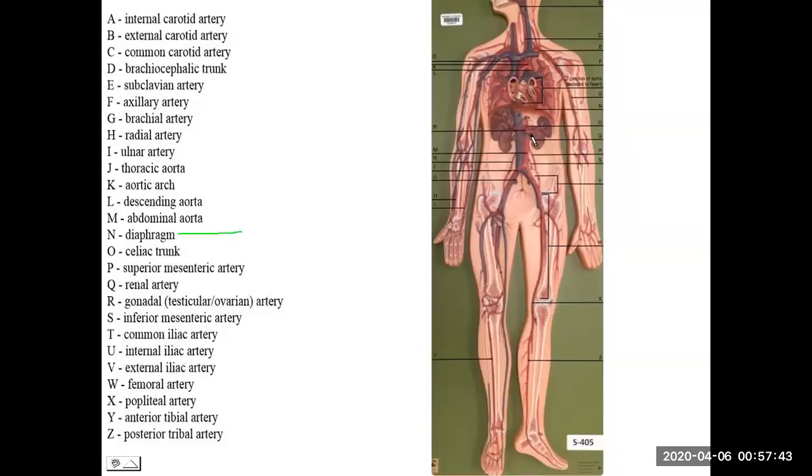And inferior to the diaphragm, this is where we see the abdominal aorta. So that's where that separation takes place. So now the remaining branches will all come off of here, and we'll zoom in to get some better detail in this area.